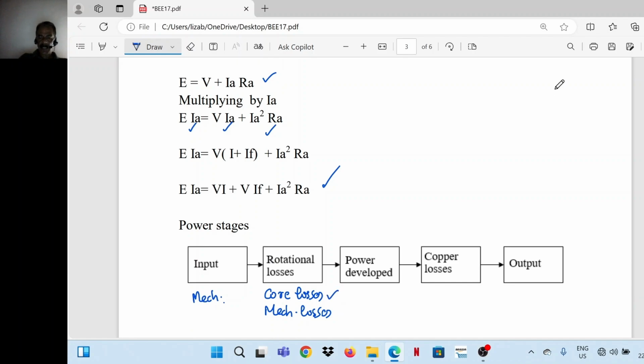The armature is continuously moving in the magnetic field produced by the field poles, so there will be hysteresis and eddy current losses in the armature. Also there is core losses, that is hysteresis loss plus eddy current loss.